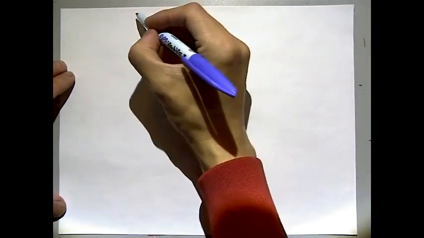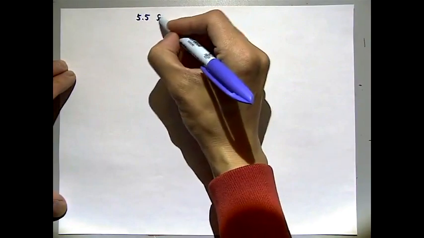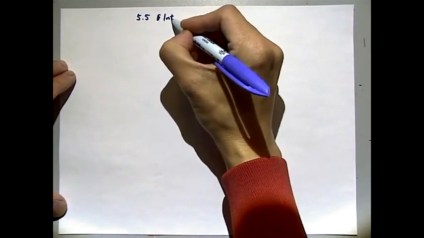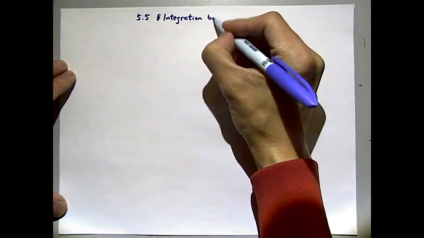Okay, so today we're going to look at section 5.5, today and Friday. We're going to split this section into 2 parts. The topic of 5.5 is integration by substitution.